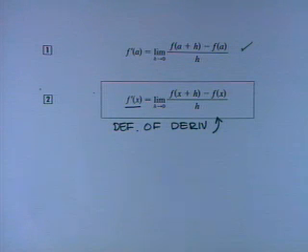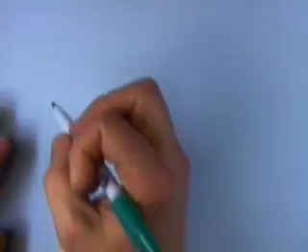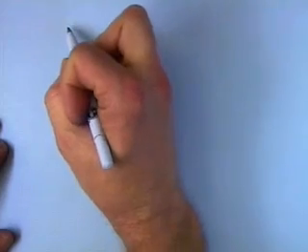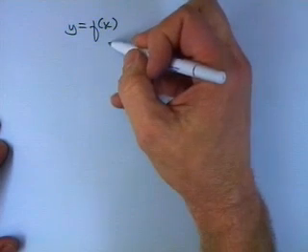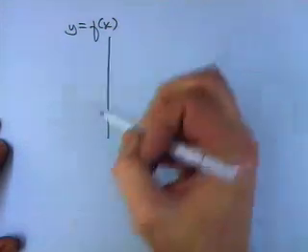Since we're going to start with a function, take the derivative, and come up with another function, we don't always have to have it explicitly described or defined. We may have a picture. So why don't we start with that? Let's say that we have some f of x, the picture of f of x.